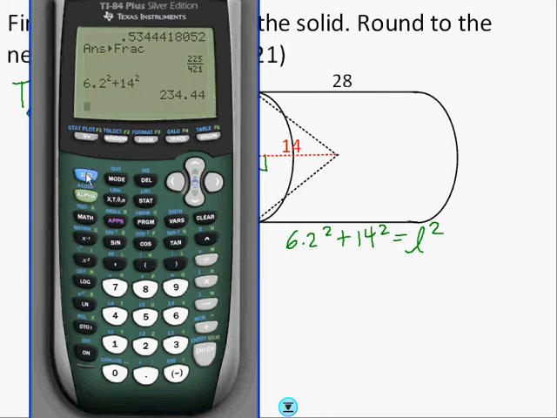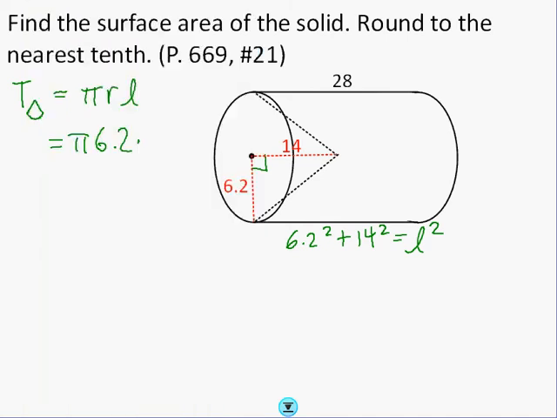I want to know what the square root of that is. Oops. Second, square root of the answer. It's about 15.31. So L is 15.31 approximately.